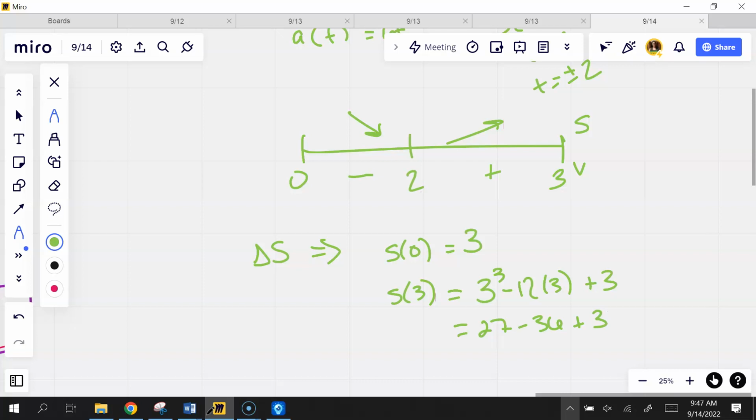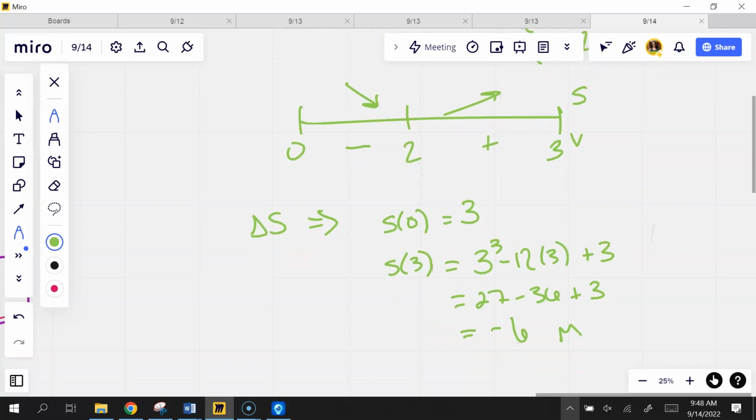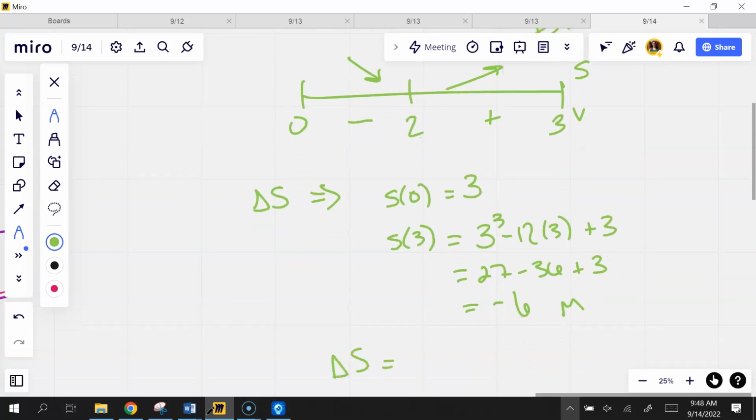Negative 9 plus 3 is negative 6 meters. So what's the displacement here? Right, negative 9. Because yeah, you're subtracting. If you think about it on a number line, if this is 0 and this is 3 and this is negative 6, how much space is between?